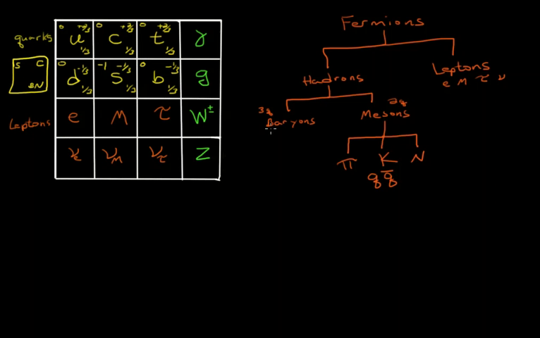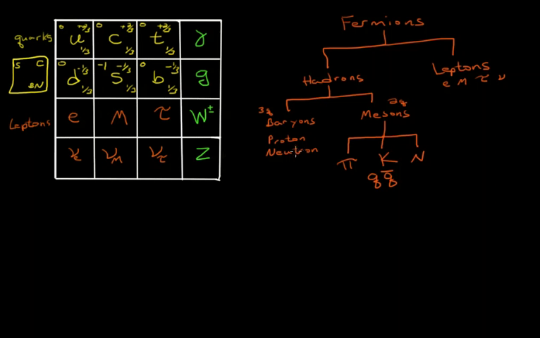So baryons. The two most famous baryons that we know about are protons and neutrons. Each one of these is made out of 3 quarks. Basically, the only ones you're really going to have to worry about are the up, down, and strange quark. Mostly the up and down.